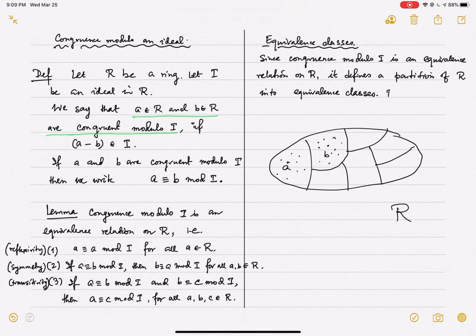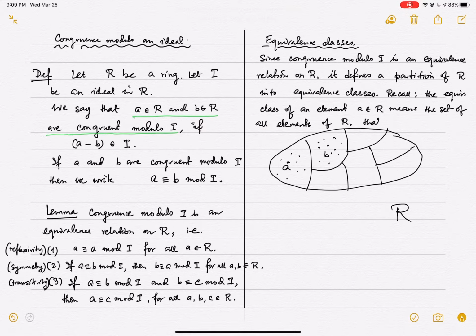And recall that the equivalence class of an element A in R means the set of all elements of R that are related to A via this relation. So for example, this is a cartoon for that.